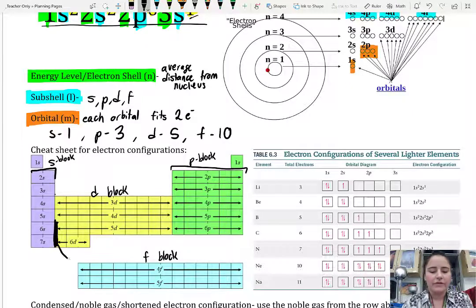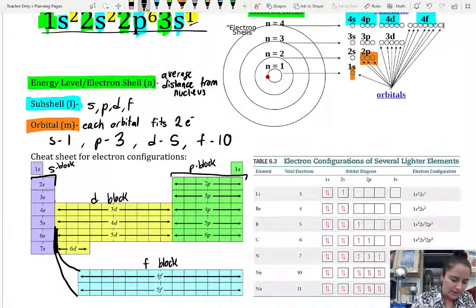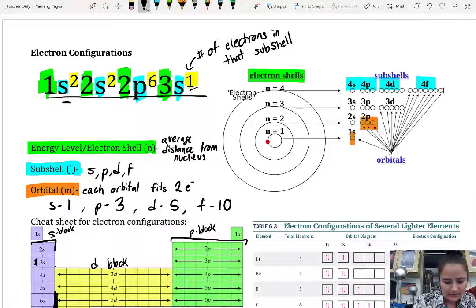So if we're looking at 3s1, that means 3s and 1 electron in that orbital. So that would be that area of the periodic table right there. And if we then look at our periodic table, that is sodium. So this is sodium electron configuration.